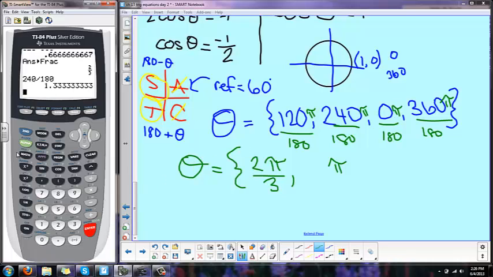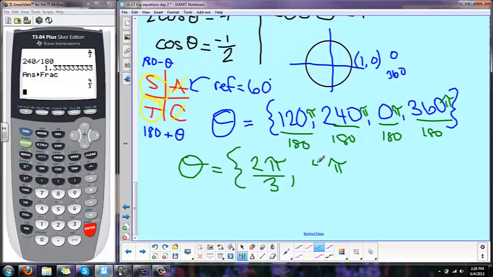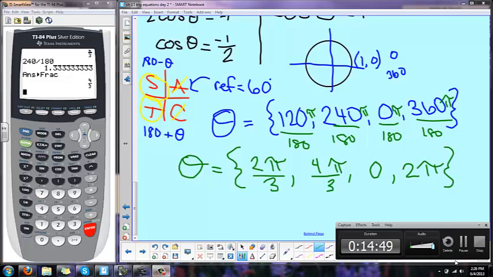Enter, math, enter, enter. This is 4 pi over 3. 0 is always still just 0, and we know that 360 is 2 pi. So those are our 4 final answers for this question. And I'll be right back.